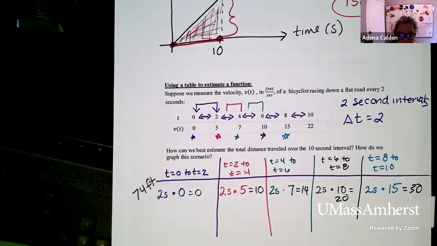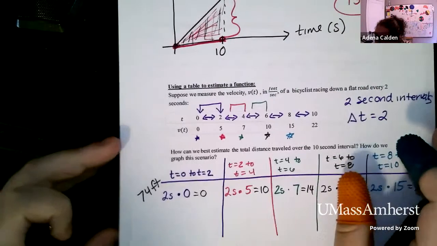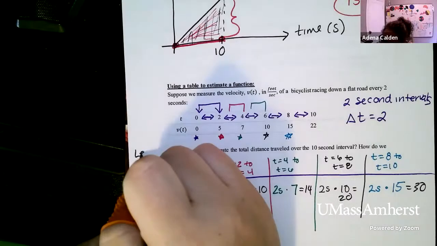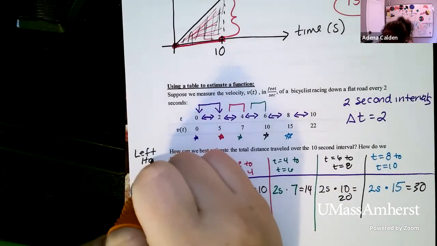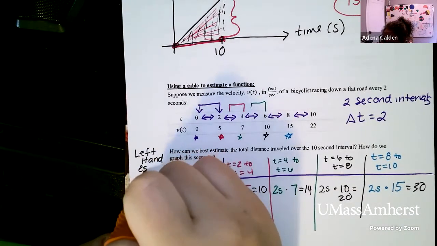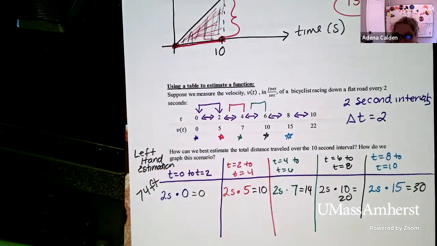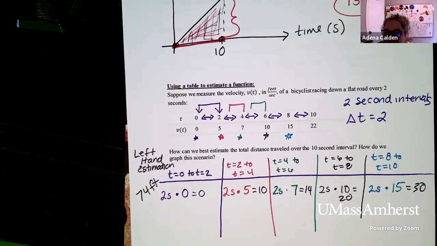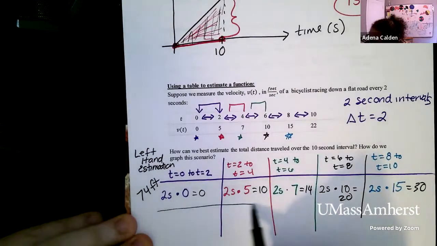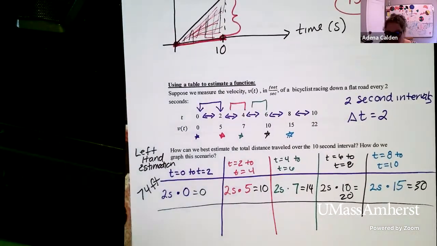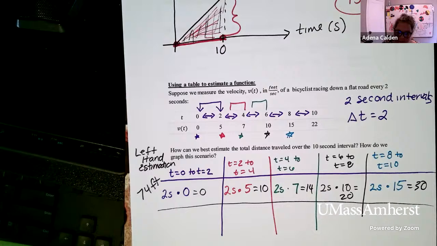This method that I just used is called a left-hand estimation. And the left-hand estimation in this scenario is really bad for you because it takes the slower rate of the two for each choice, right? We don't like that. So there's no reason why we can't also do a right-hand estimation, right?